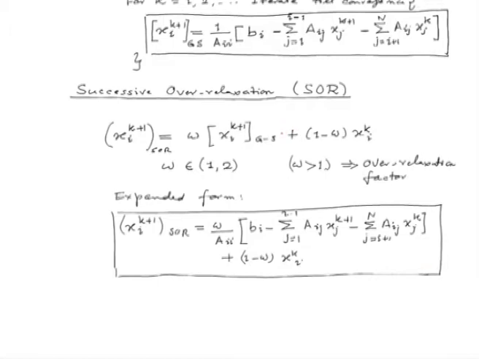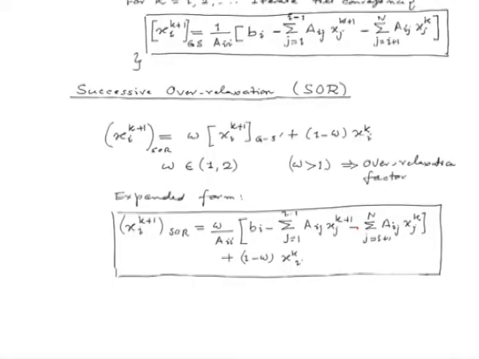So, there is a subtle difference here. Even this x_i^(k+1) GS prime, I would like to write that as, because here in this formula, this x_j^(k+1) on the right hand side, they are the ones which are the current iterates obtained by our SOR algorithm.